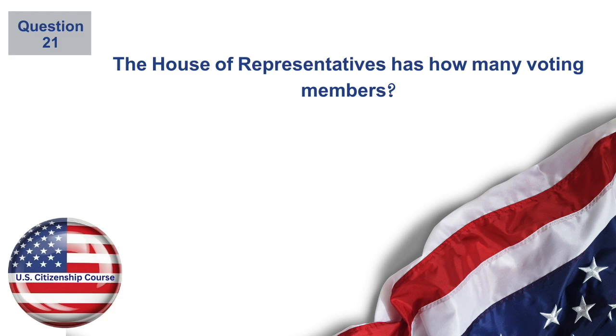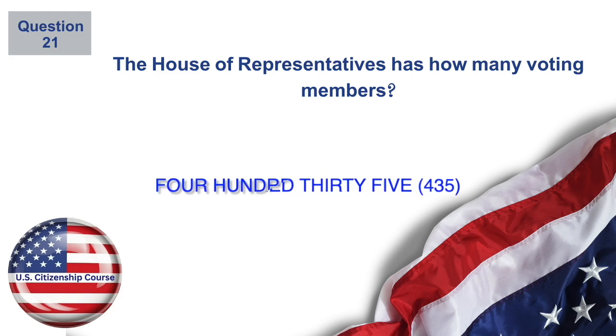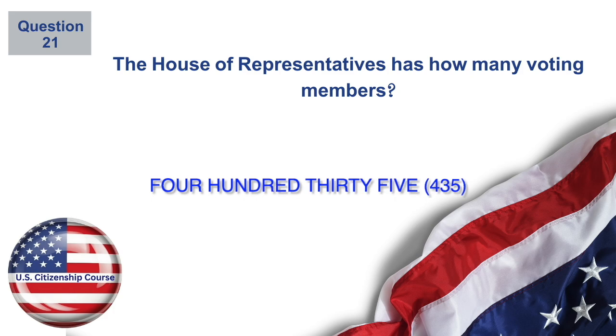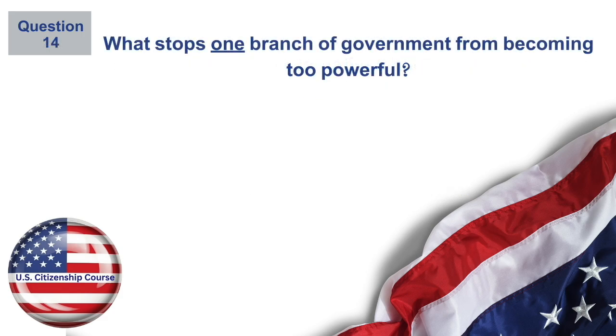The House of Representatives has how many voting members? 435. What stops one branch of government from becoming too powerful?